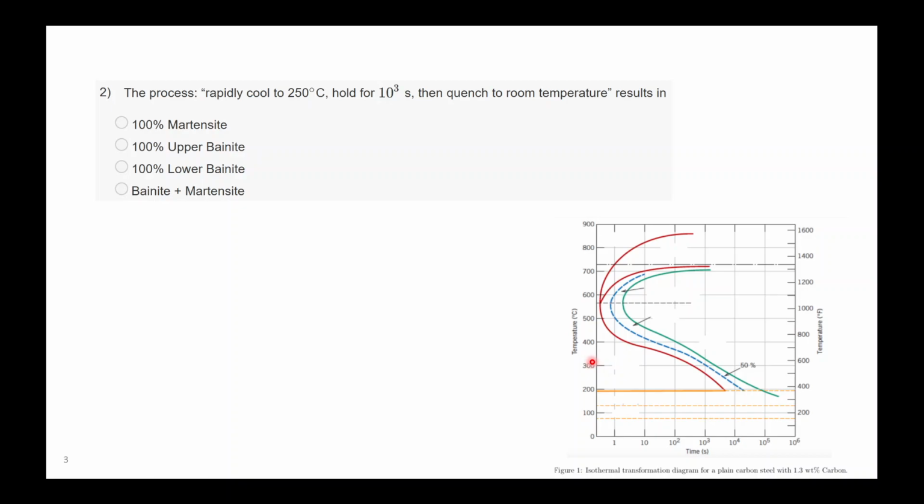First rapidly cool to 250 degrees Celsius, then hold, then quench. You have to tell what the microstructure will be: 100% martensite, 100% upper bainite, 100% lower bainite, or bainite plus martensite. Your answer will be 100% martensite.